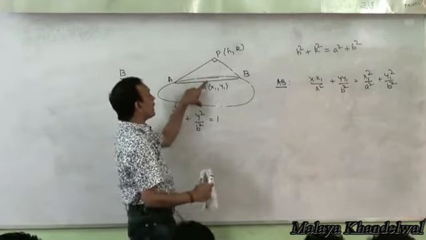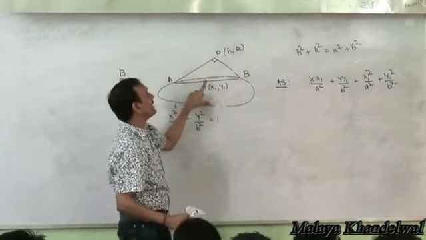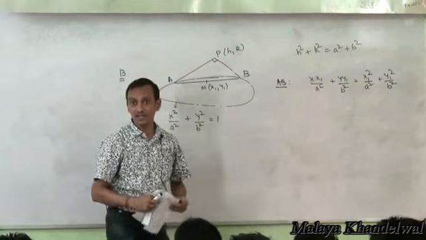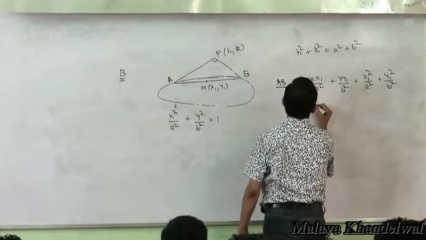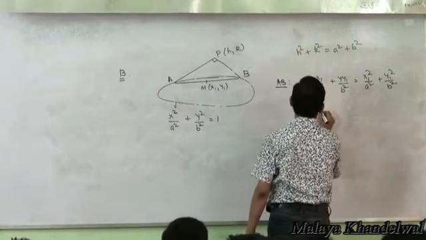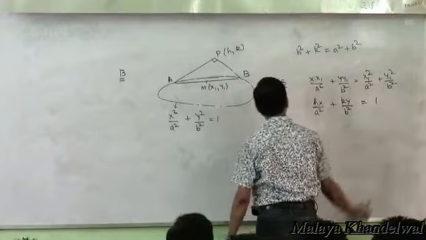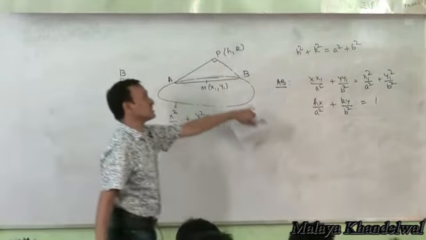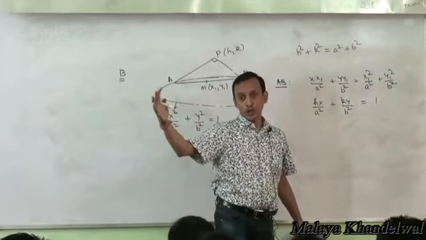So I can also look upon AB as the chord of contact with respect to h, k. So then AB is T equal to 0, which is hx by a squared plus ky by b squared equal to 1. But both these equations represent the same line, so their coefficients must be proportional.